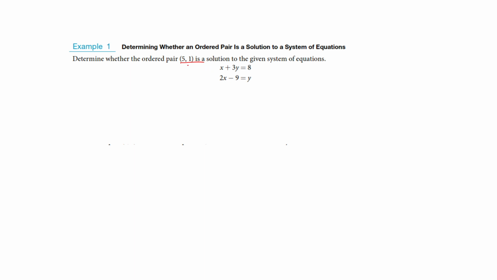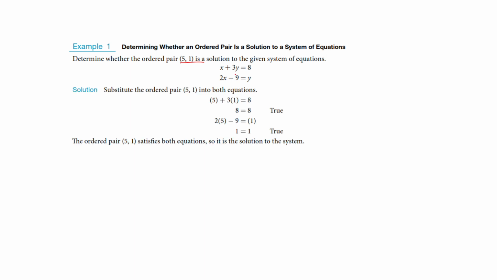We're going to see what happens if we put in the value 5 for x and 1 for y into both of the lines. So we crunch that down. We get 8 equals 8 here. So that's true. In the first line, (5, 1) is on that line because it tells a true statement. I put in 5, I put in 1, and it's telling the truth. Now let's put that point into the second equation.